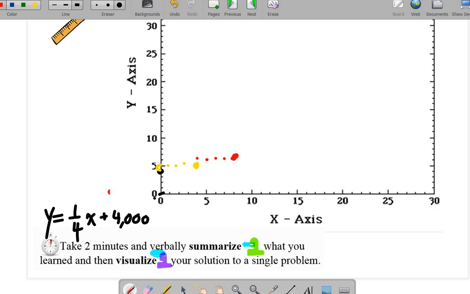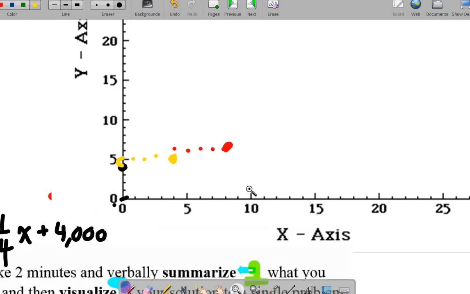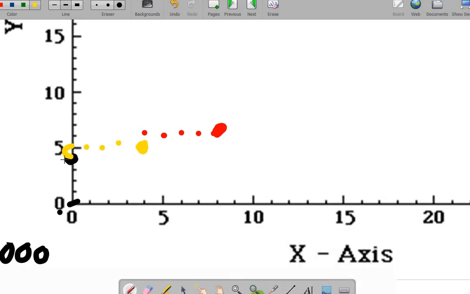You can see it's a very shallow slope. So very carefully, let's connect that. I'm going to bring it really close so it's easy to see. So we're starting at 4,000. All right. So we're going to go like this, and we're going to draw our line.